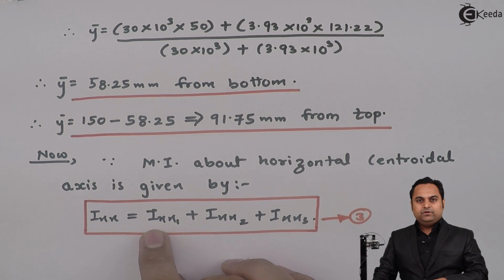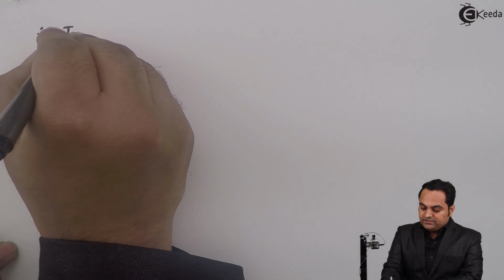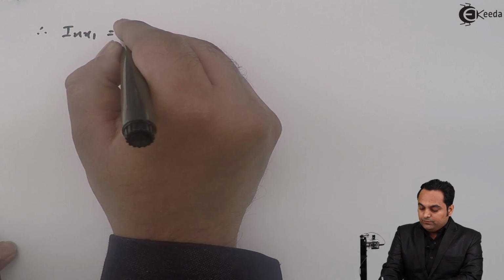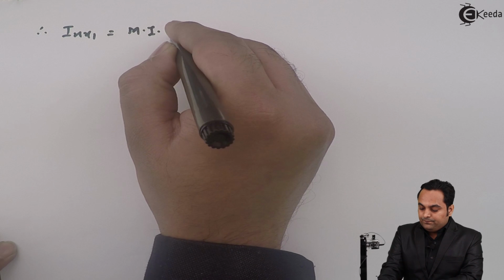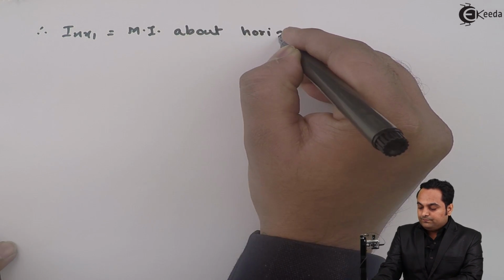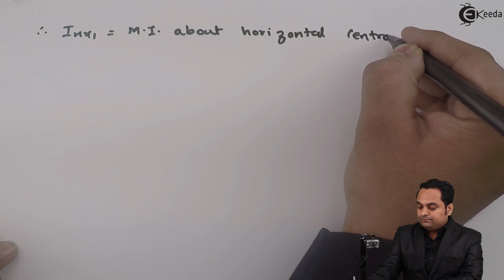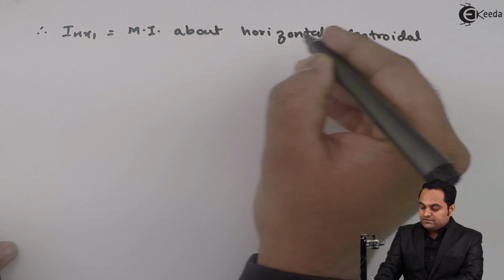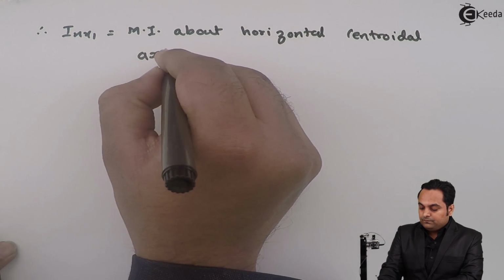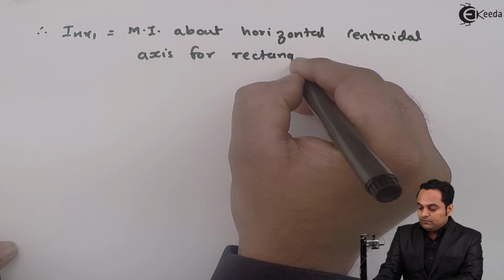Now first we'll calculate Ixx1. So therefore Ixx1 is equal to MI about horizontal centroidal axis for rectangle 1.